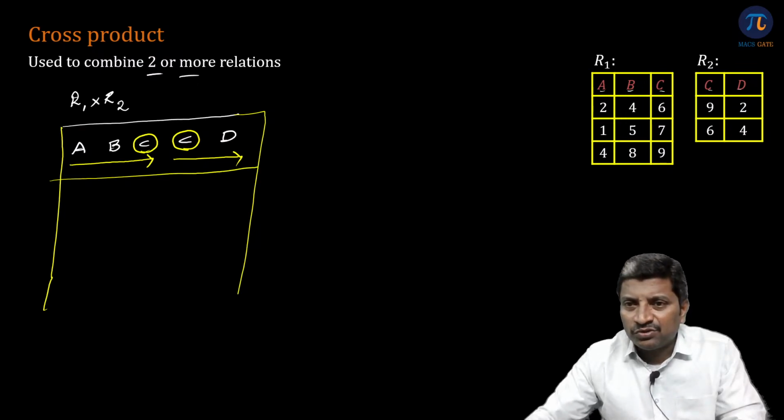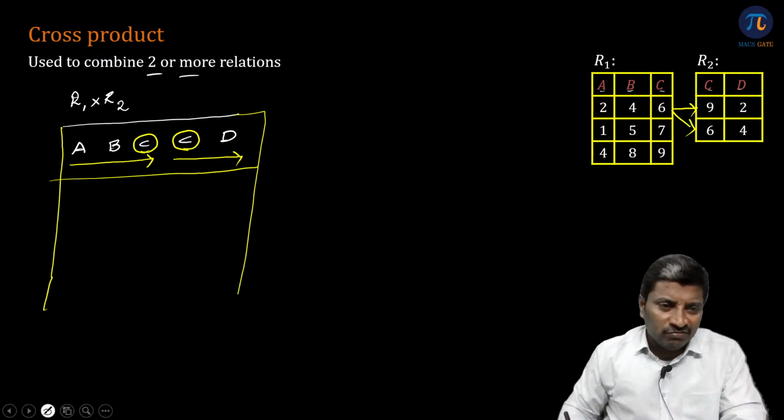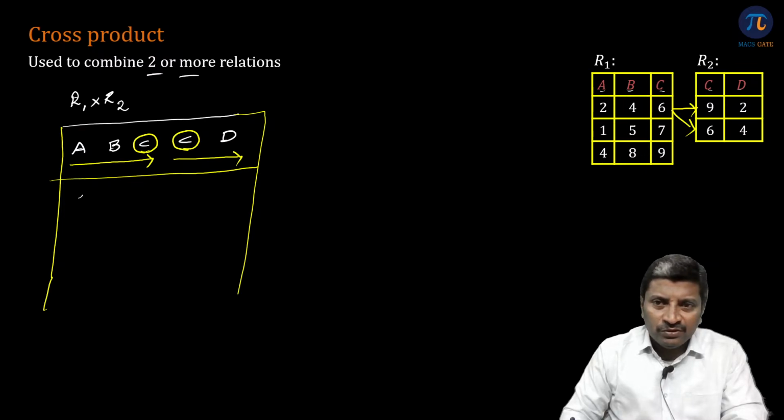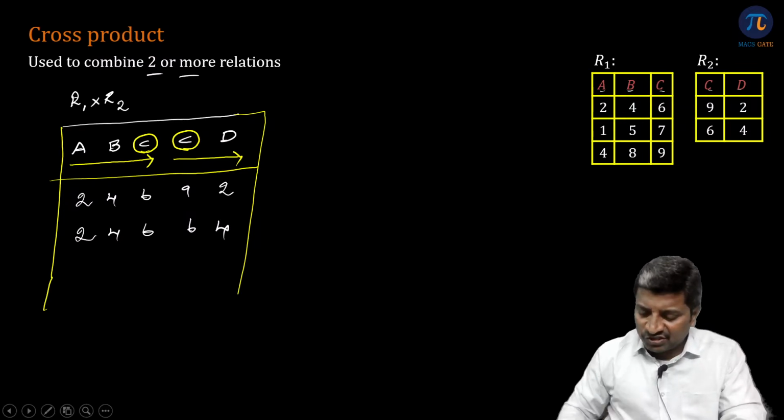Then how to form the records? Consider the first record 2, 4, 6, mapped with each and every element of R2. Then what do we get, sir? 2, 4, 6, 9, 2. 2, 4, 6, and the second matching, 6, 4. So we are done with the first element.